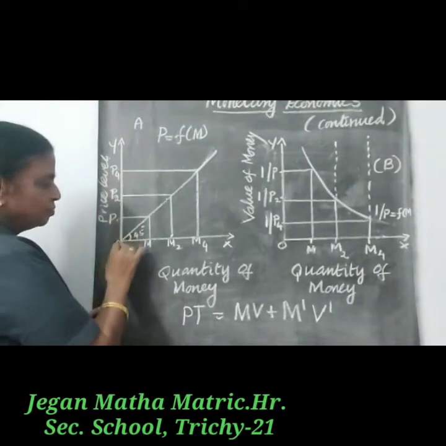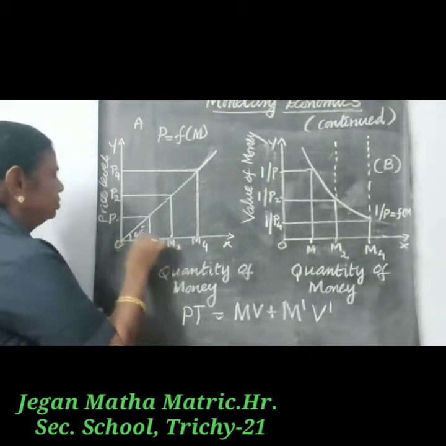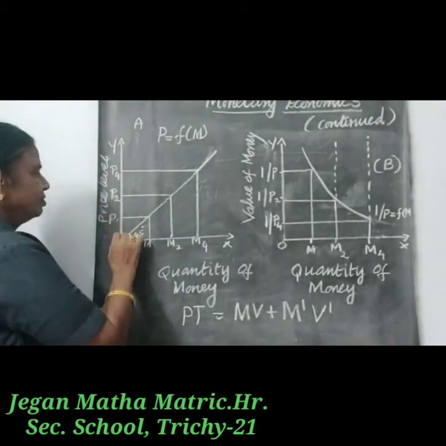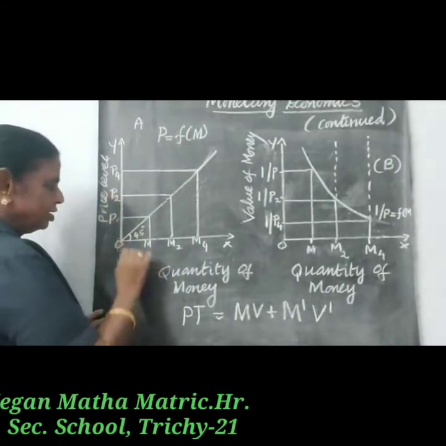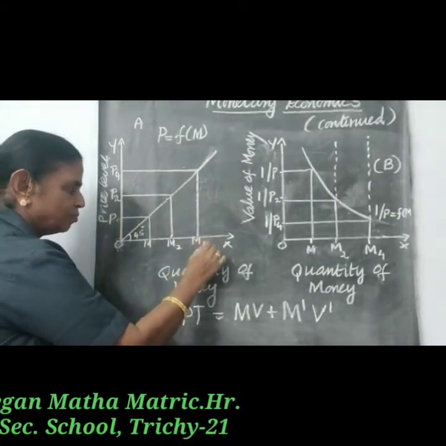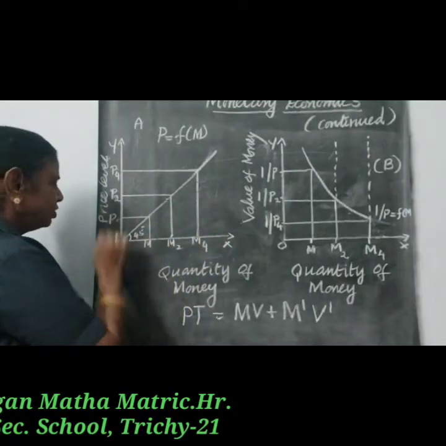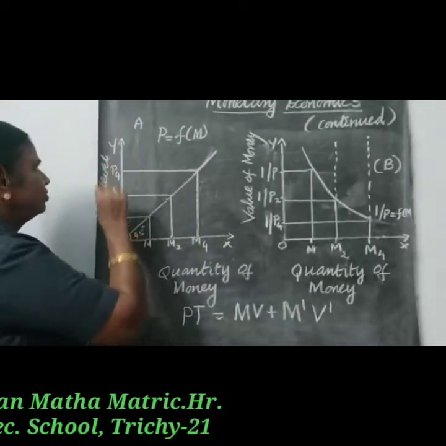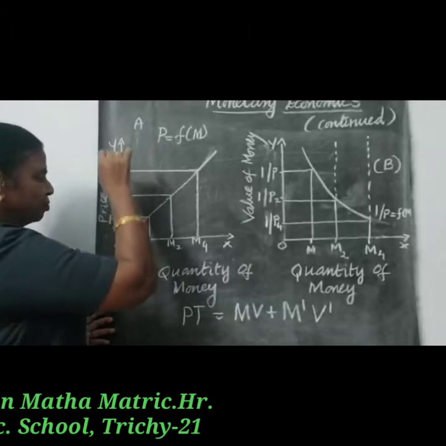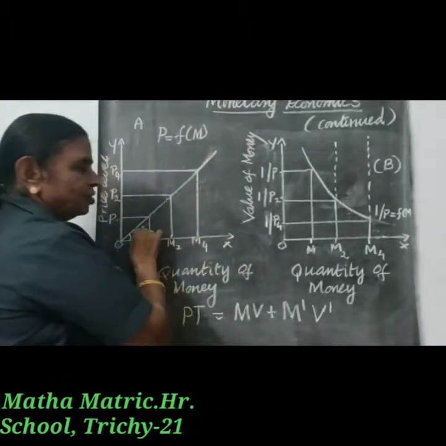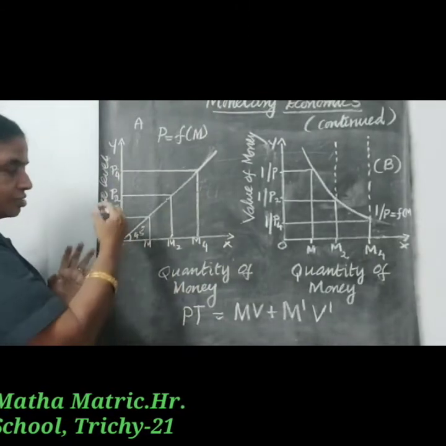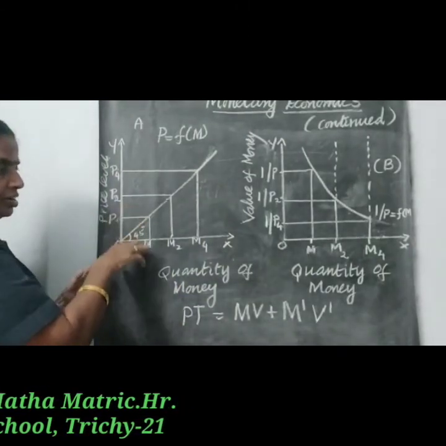When it extends to OM2, the price level increases to OP2. When it extends to OM4, the price level increases to OP4. So the curve is a straight line at 45 degrees. This is figure A.